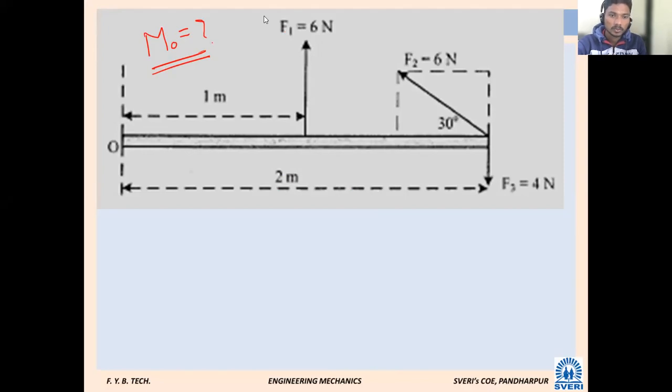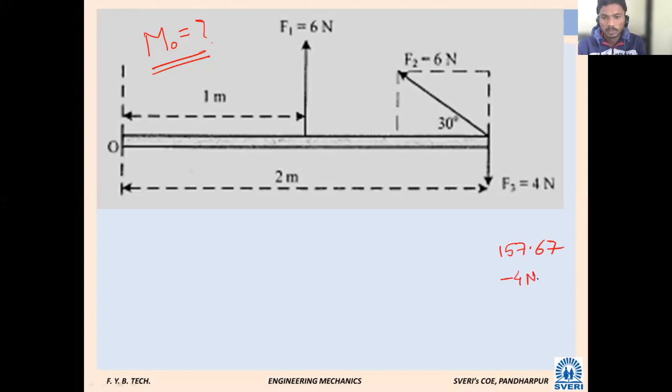Shweta, roll number 5, what is your answer? 157.6? 0.67? Okay. Any other? Sakshi: minus 4 Newton meter.